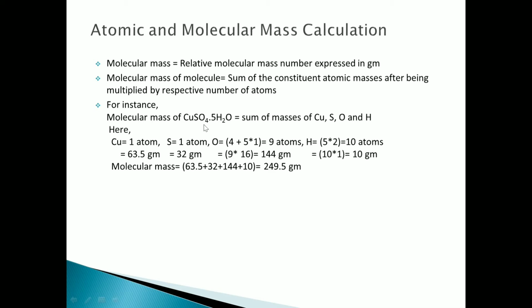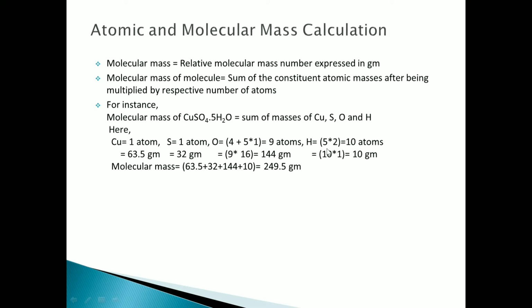We can see that copper sulfate has 4 atoms of oxygen and pentahydrate has 1 into 5 atoms of oxygen. So total there are 9 atoms and they will equal 9 into 16. 16 is the atomic mass of oxygen atom. In total there is 144 gram of oxygen.